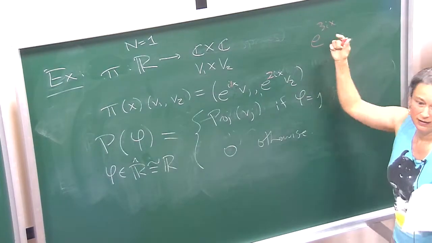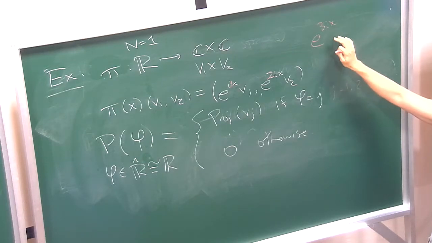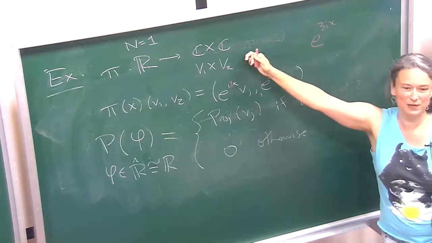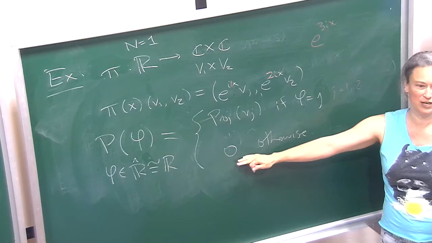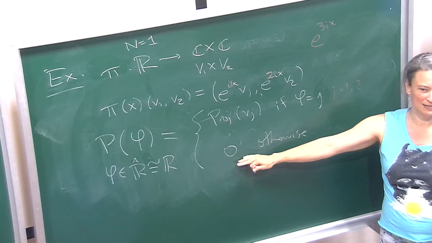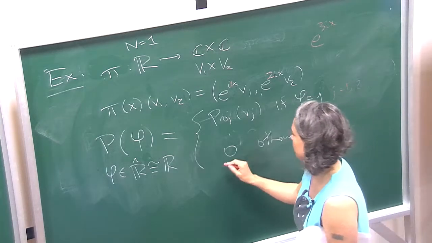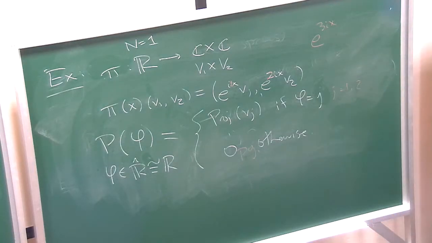So this is an irreducible unitary representation from R to C. How many copies of this do I see in this particular representation? None, right? So I have the 0 projection. Okay? Make sense? This is a 0 projection, not the 0 number.